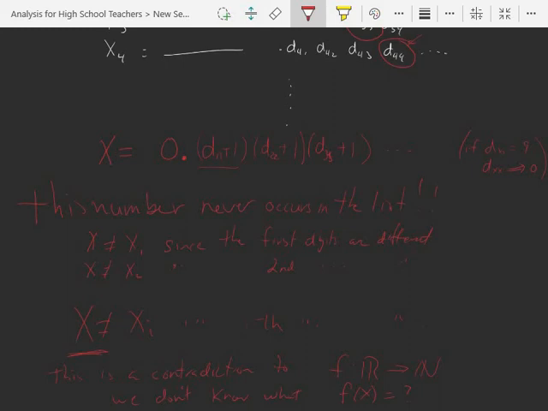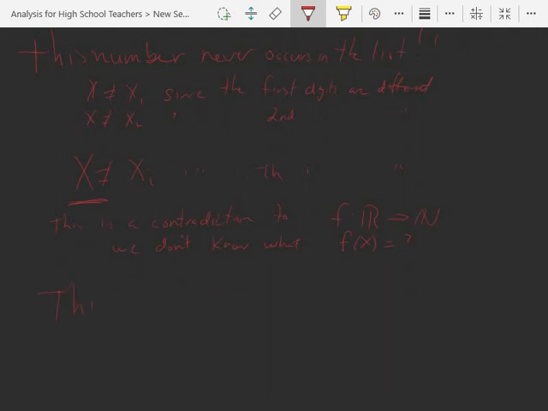Okay. So that means there is no injective function from R into N. R is uncountable.